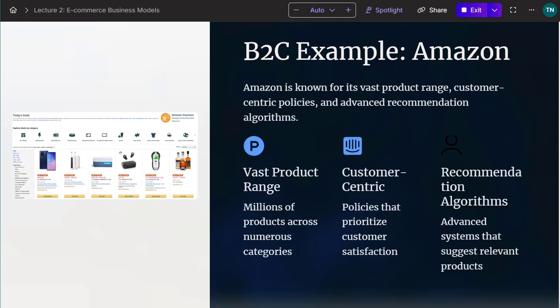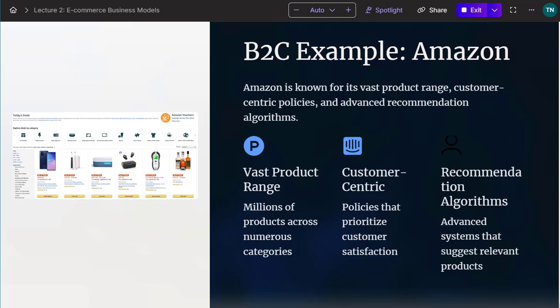Amazon is a leading e-commerce platform known for its vast product range, customer-centric policies, and advanced recommendation algorithm. Their product catalog covers millions of items across numerous categories, catering to a wide variety of customer needs and preferences.